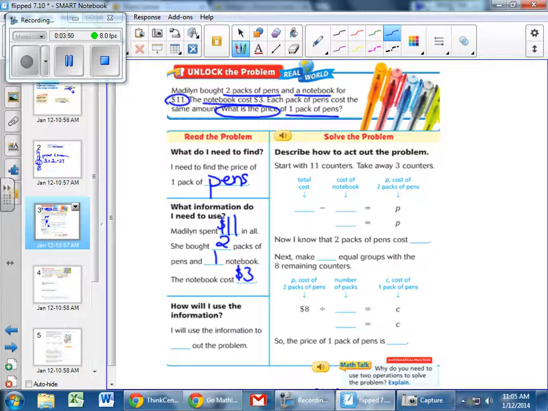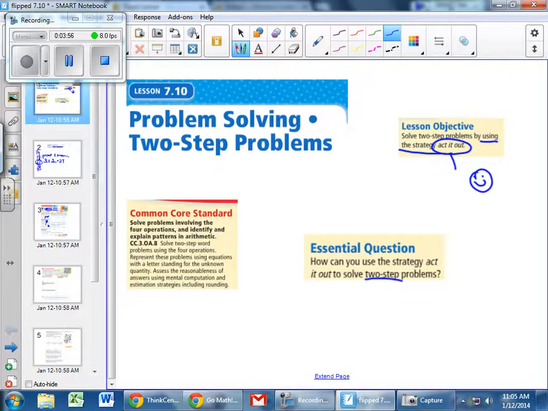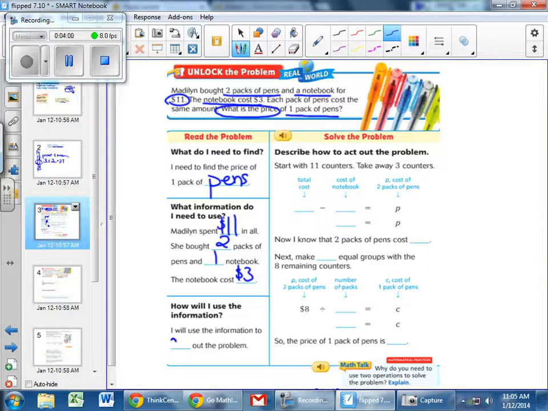How will I use the information? I will use the information to remember what the strategy was that they wanted us to use right here. Act out the problem. Describe how to act out the problem. Start with 11 counters, because that was our total amount of money.